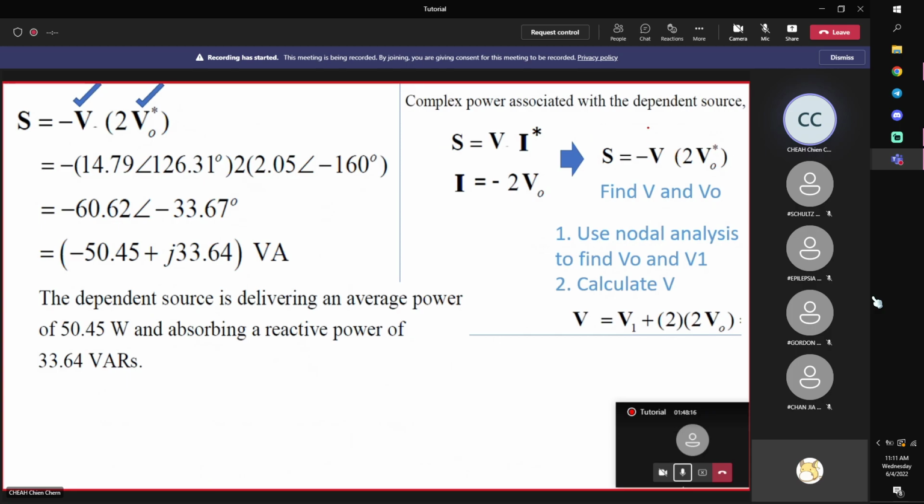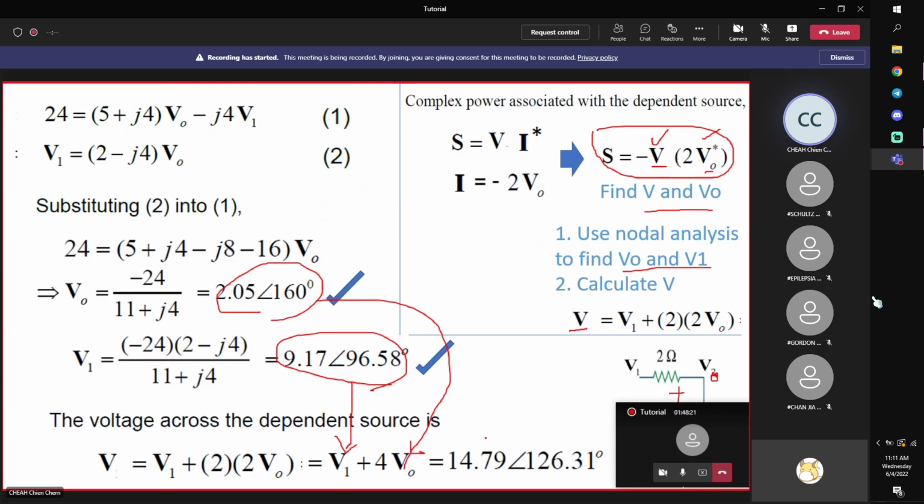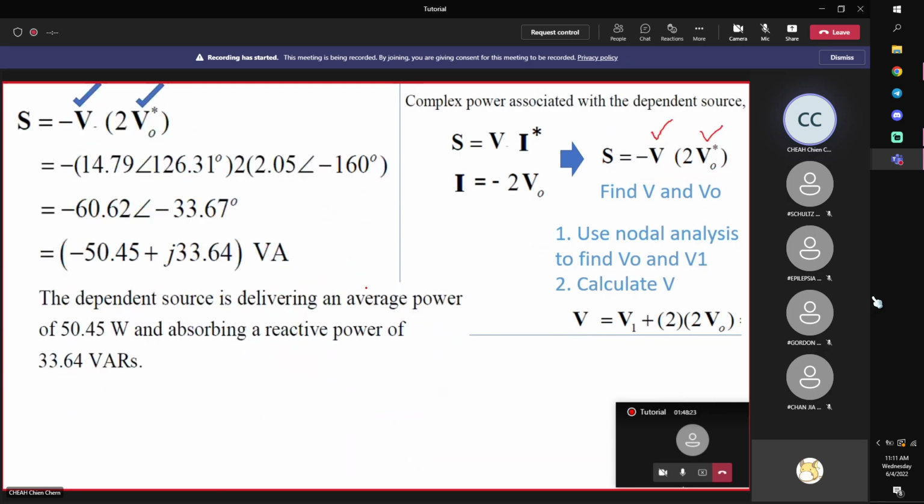So we have obtained all the information needed. We have V, and we also have V0 previously calculated using nodal analysis, which means that now you can proceed to calculate the complex power associated with the dependent source, right?